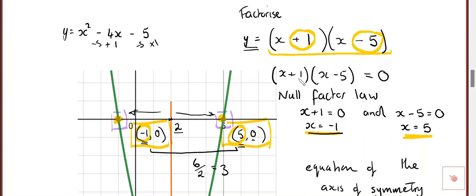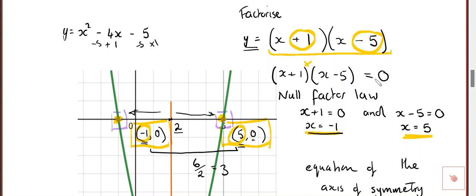These two things multiply to make the answer 0. If you've got two things that multiply to make 0, at least one of those things must be 0. It's the only way you can make it. So null factor, null means 0.